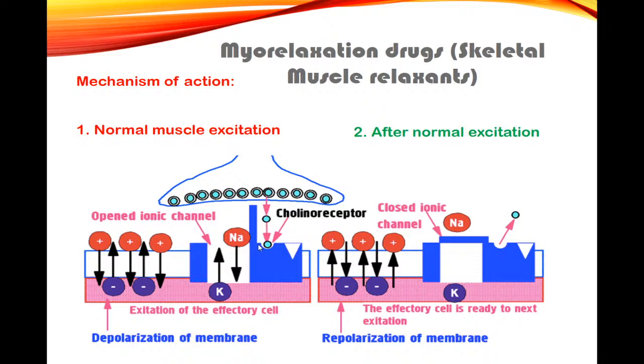Acetylcholine interacts with the N muscular receptor that causes depolarization and repolarization, or formation of action potential in membranes of skeletal muscle cells, that causes muscular contraction. Non-depolarizing agents take this place, bind to N cholinoceptors. That's why they prevent interaction of acetylcholine with this receptor. That's why no excitation of receptor, no contraction, relaxation of muscles.